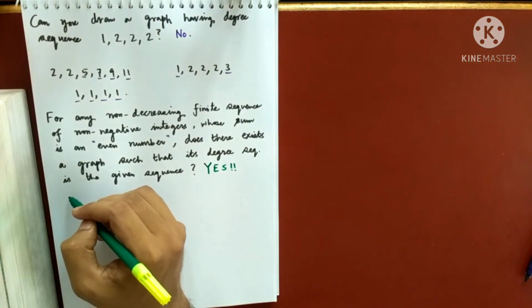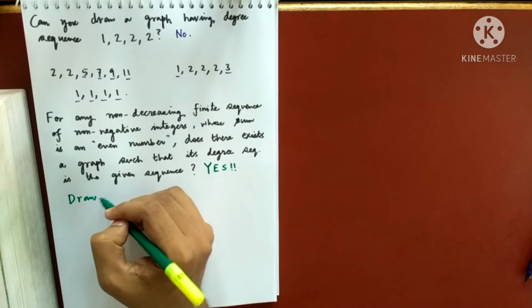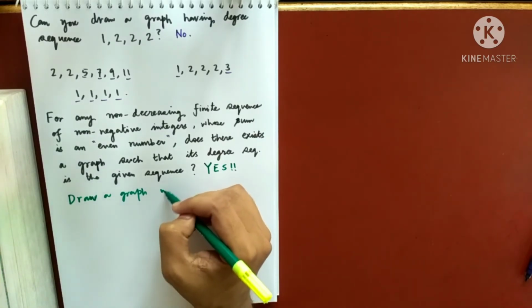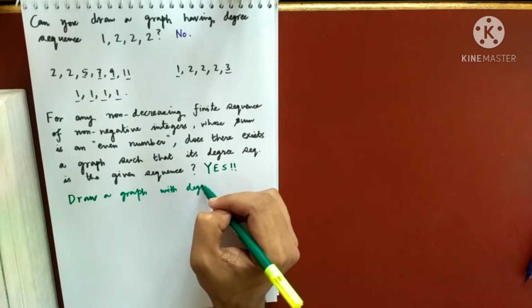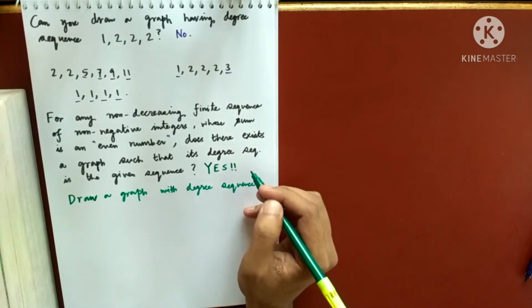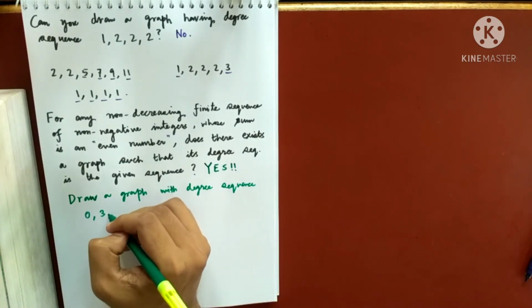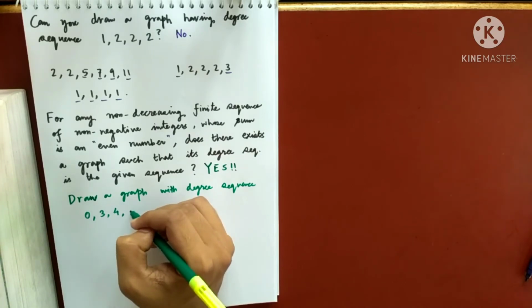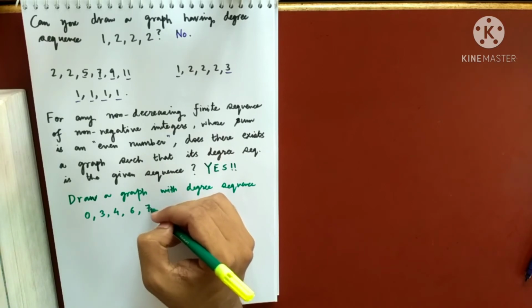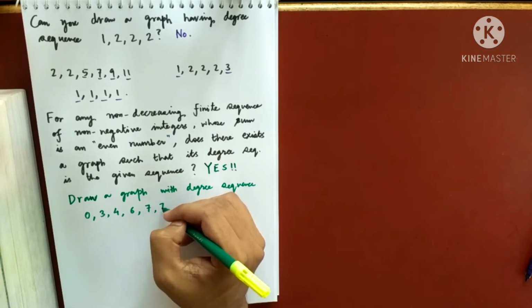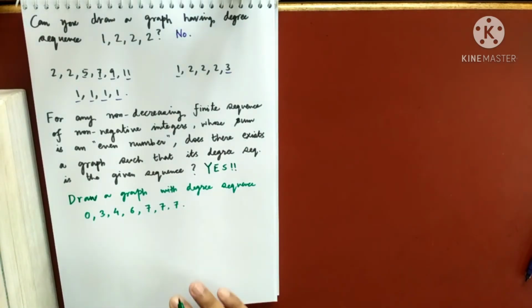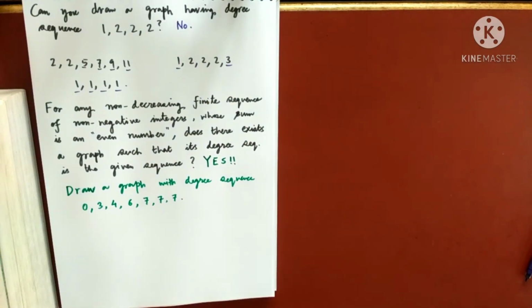So the question is like this: draw a graph with degree sequence 0, 3, 4, 6, 7, 7, 7. Suppose. I have written this completely arbitrarily.